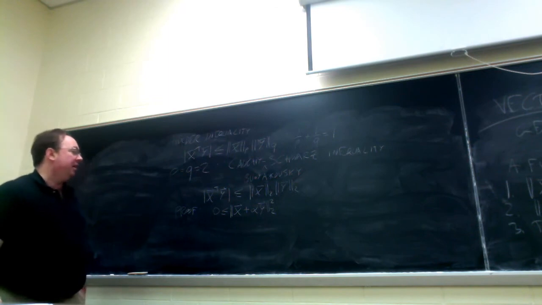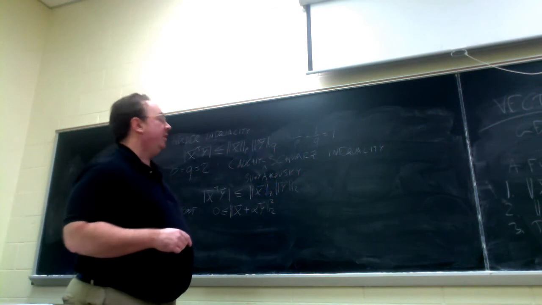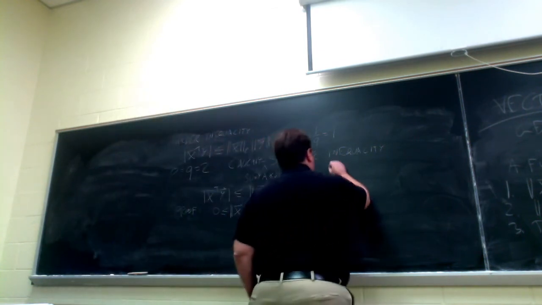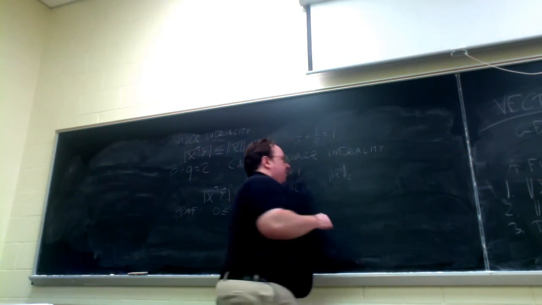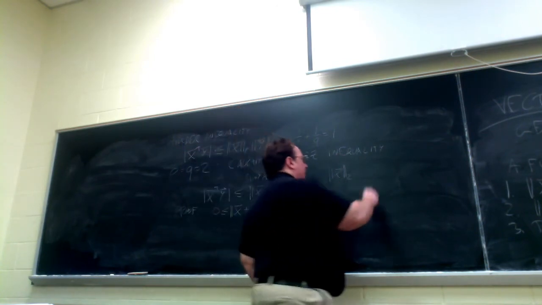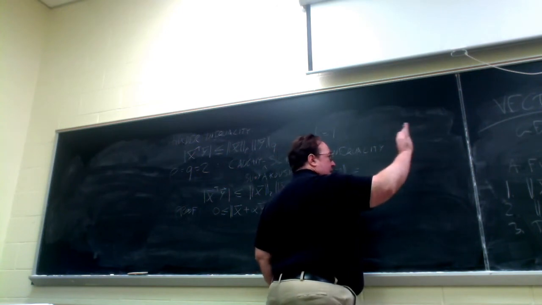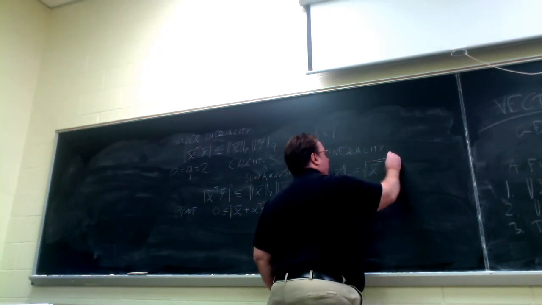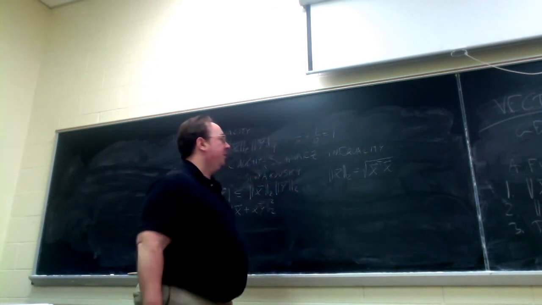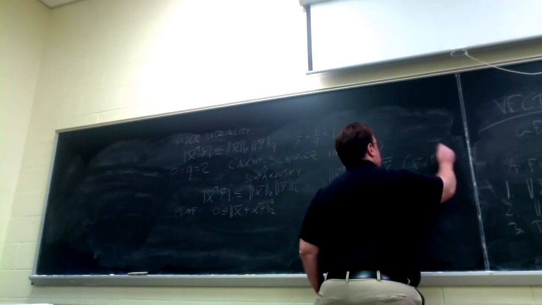Now, I should mention that, actually I should have mentioned this over there, so I'll just put it here, the 2 norm, or Euclidean norm of a vector can be written in terms of an inner product. All it is, the equivalent of a formula over there, is just the square root of the inner product of a vector with itself, if it's a real vector.